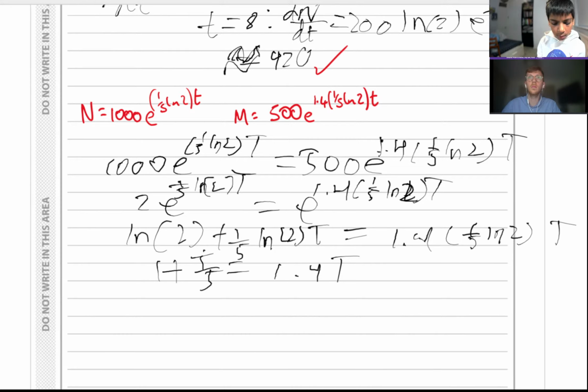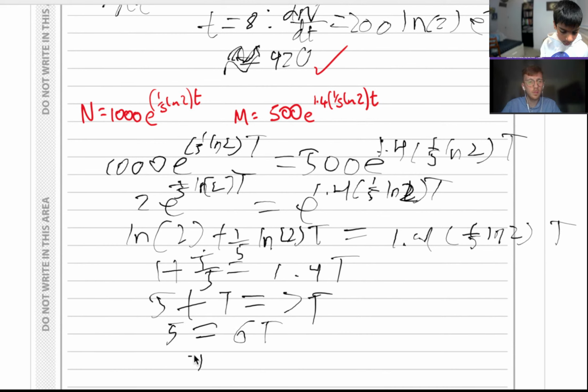And then if we multiply by 5, we get 5 plus t equals 7t. So 5 is 6t. t is 5 over 6. Okay, you've made a mistake somewhere.